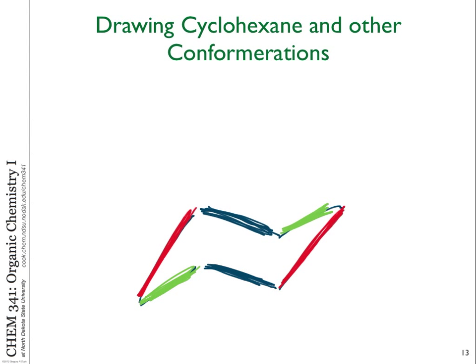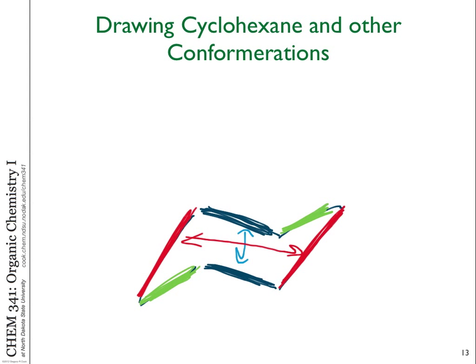And if you do that and draw these consistently that way, it makes it so much easier to put things onto here properly. So you'll notice that it's always bonds that are opposite each other on the ring that are parallel. So these bonds that are exactly opposite on the ring are parallel. These red ones, although it might not be that easy to see, these are exactly across from each other in the ring.